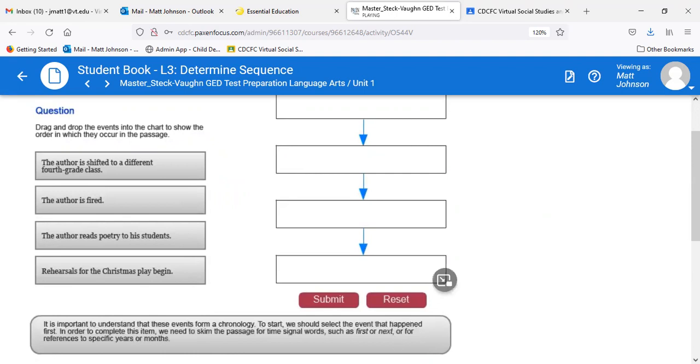It is important to understand that these events form a chronology. To start, we should select the event that happened first. In order to complete this item, we need to skim the passage for time signal words, such as first or next, or for references to specific years or months.